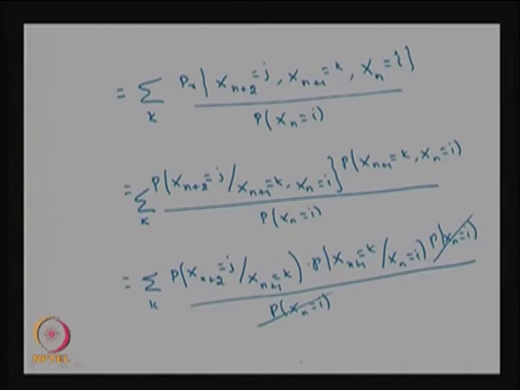This is nothing but the one step transition probability of the system moving from k to j, and the second term is the one step transition probability of the system moving from i to k.